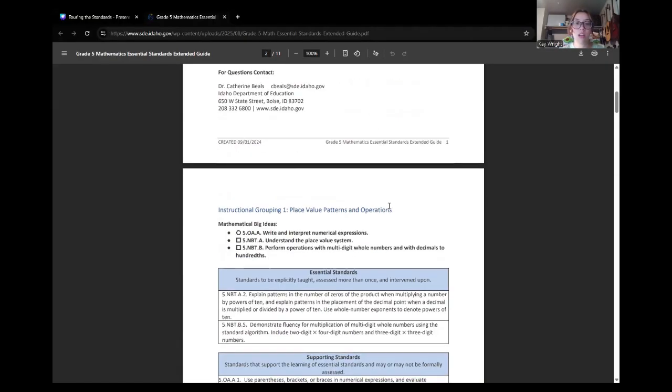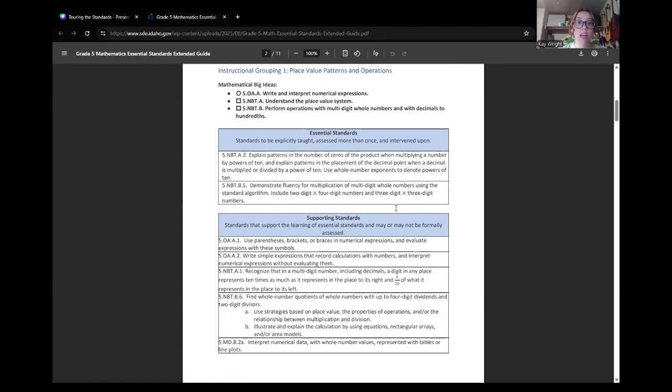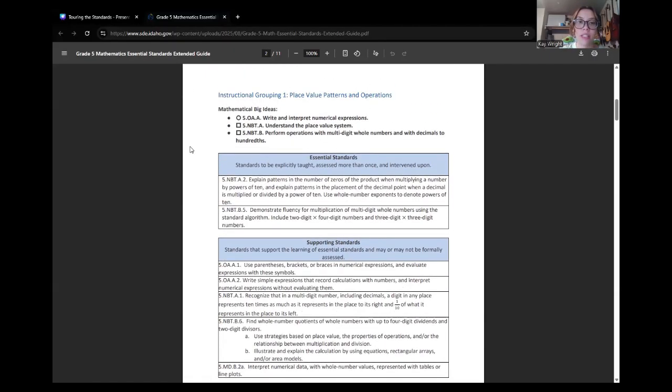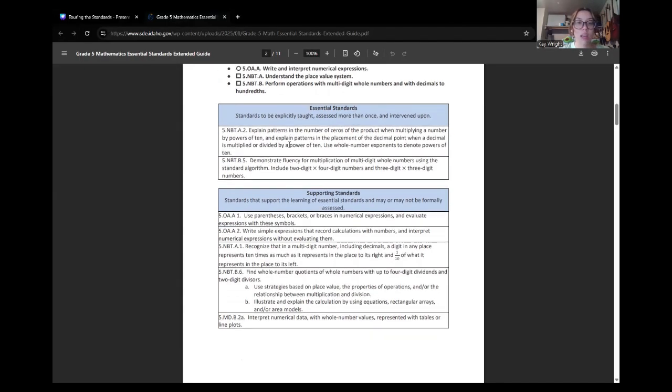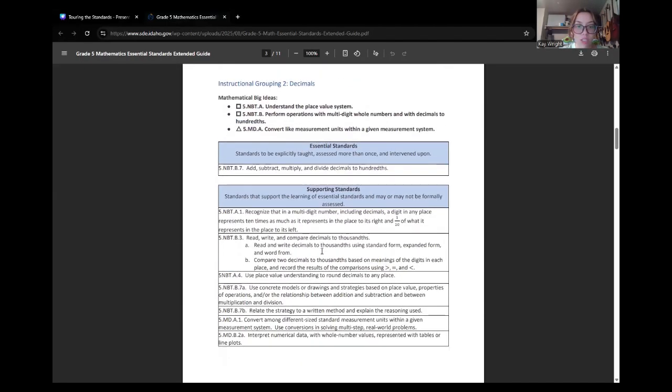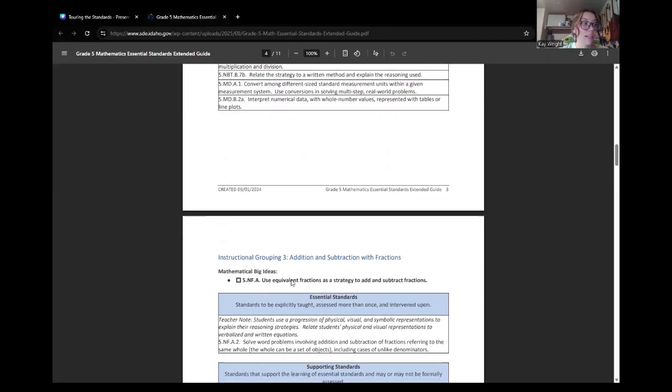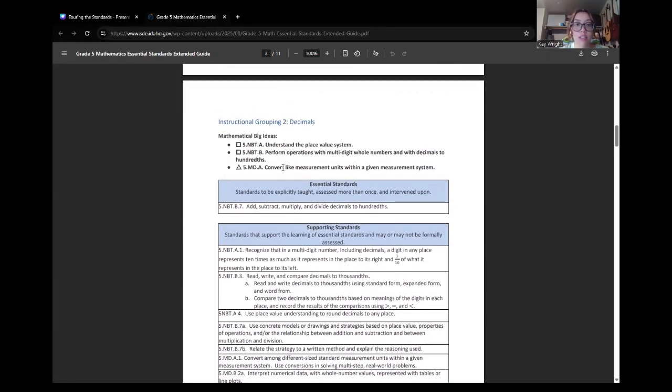Now, as we get into the actual standards part, each standard is separated. It has this little big ideas box at the top and different little definitions of the words. So OA stands for operations and algebraic thinking. NBT is going to be numbers and operations in base ten. There's more, like NF, which is here, and that's number and operations with fractions.